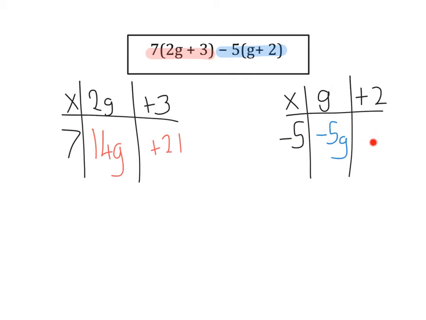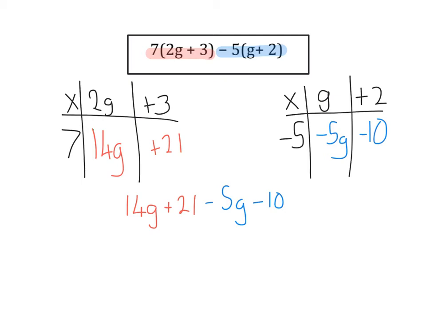And negative 5 times positive 2, so 5 times 2 is 10, and negative 5 times 2 is negative 10. Okay, let's write all of that out in a row. 14g, add 21, take away 5g, take away 10.